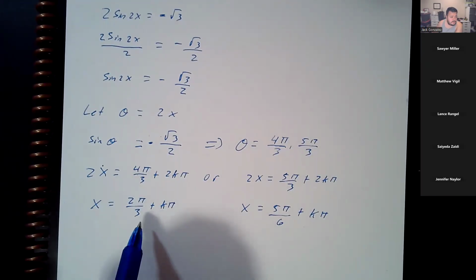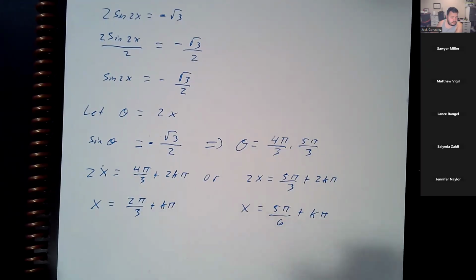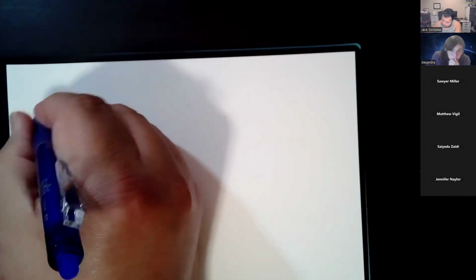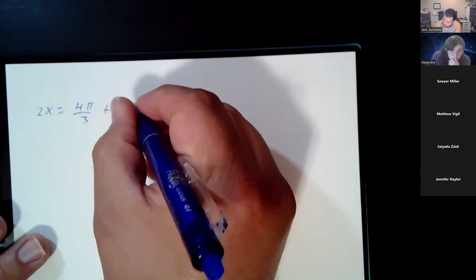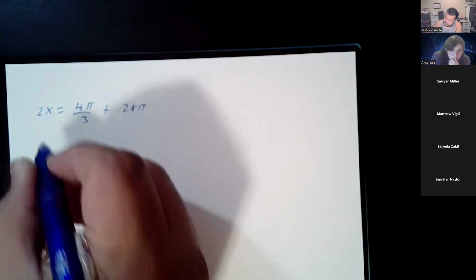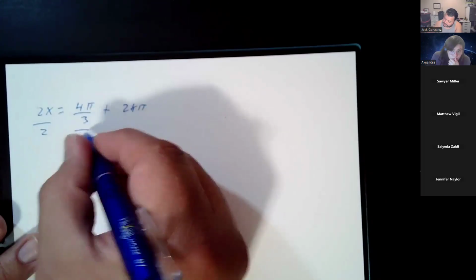Would you like me to show you the details, or does that make sense? Can you show me the details, please? Yeah, no big deal. Because it would have been 4 over 6, which reduces to 2 over 3. So you would divide everything by 2.